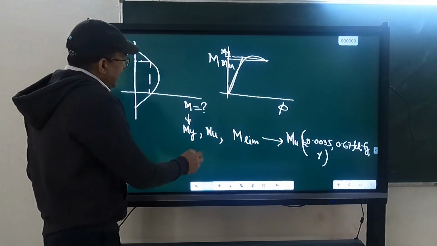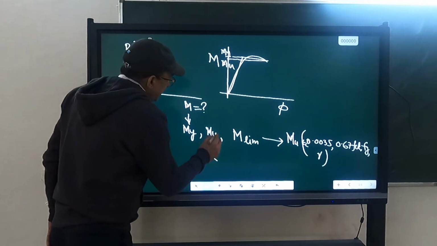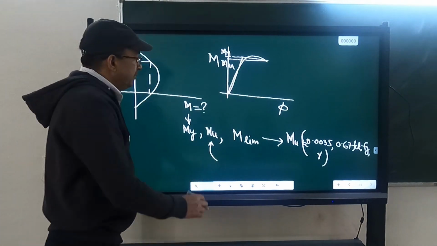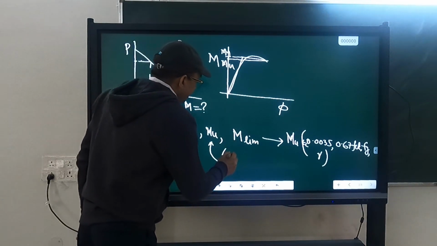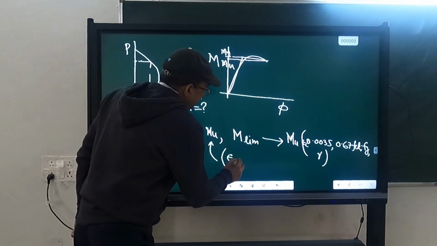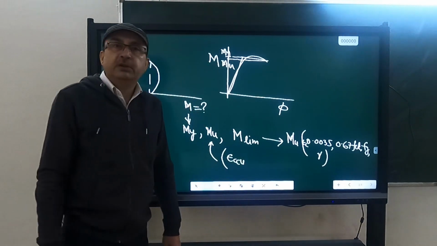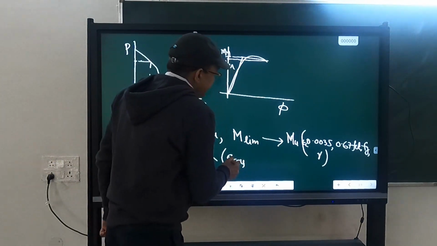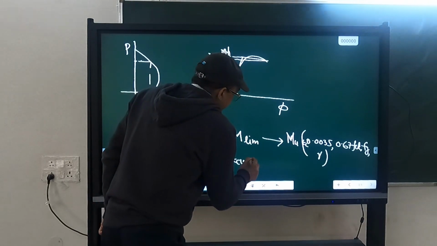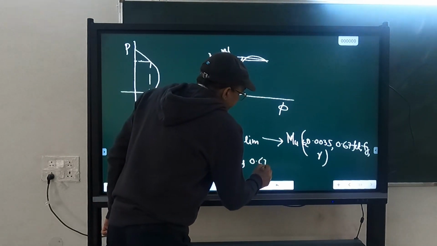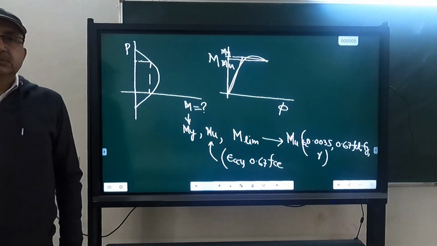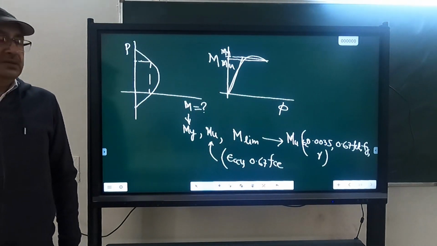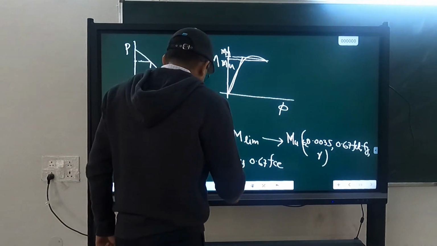Okay, if I have to calculate the actual Mu, how will I calculate? This will consist of the confined concrete strain. So epsilon CCU I will use in place of 0.67 FCK. I will use 0.67 FCE, expected strength, and that too confined.